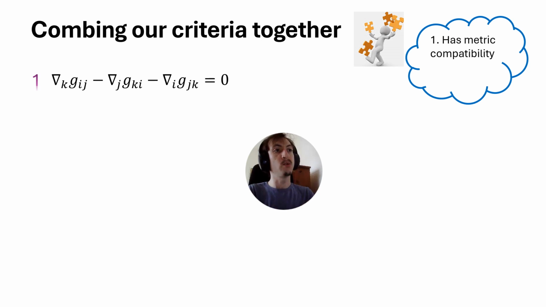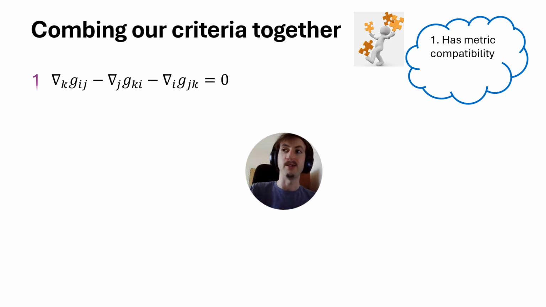So to get to our equation relating connection coefficients and the components of a metric, we start with metric compatibility. In 1, I've just noted that since the covariant derivative of a metric is 0, we can add covariant derivatives of metrics or subtract them and we'll still end up with 0, because essentially 0 minus 0 minus 0 is 0.